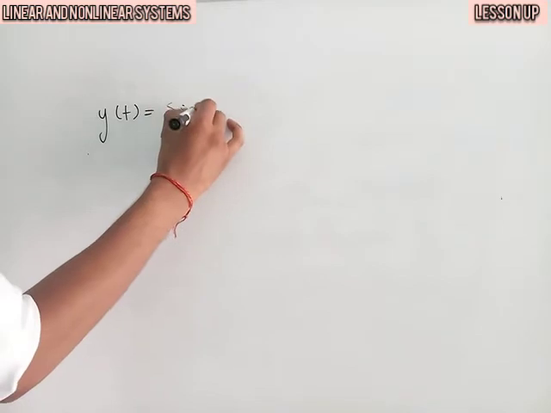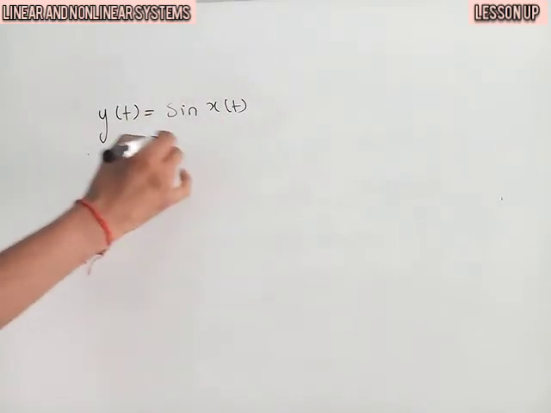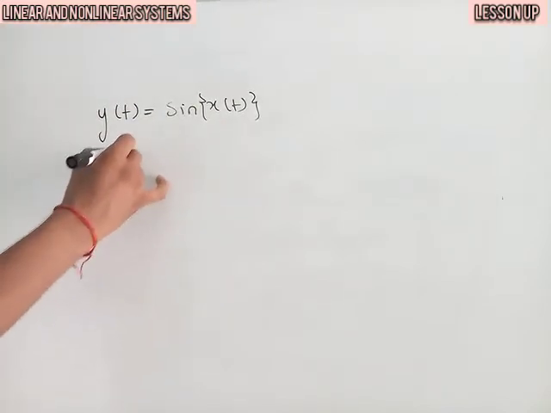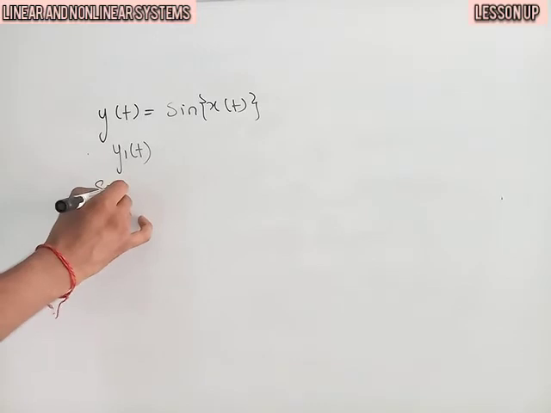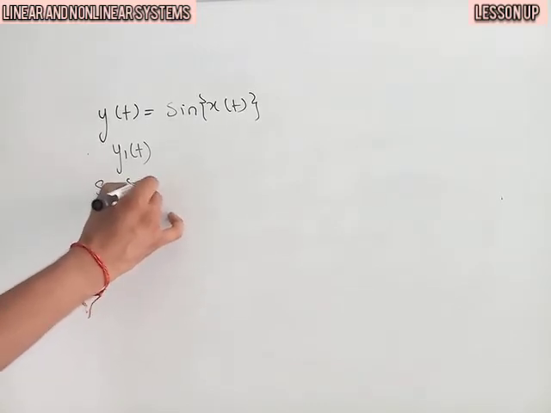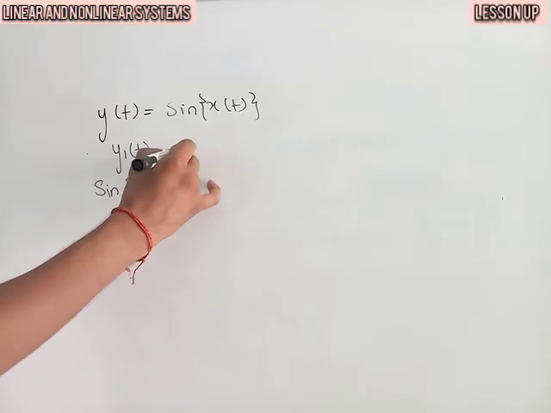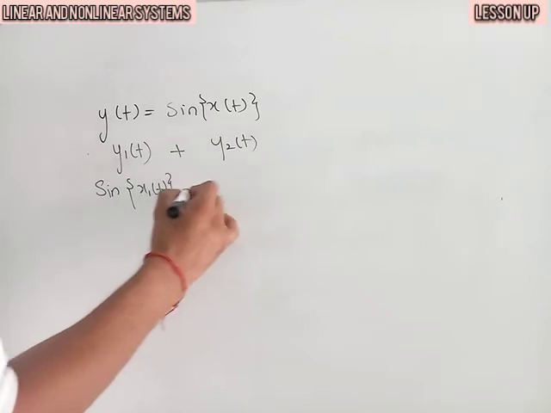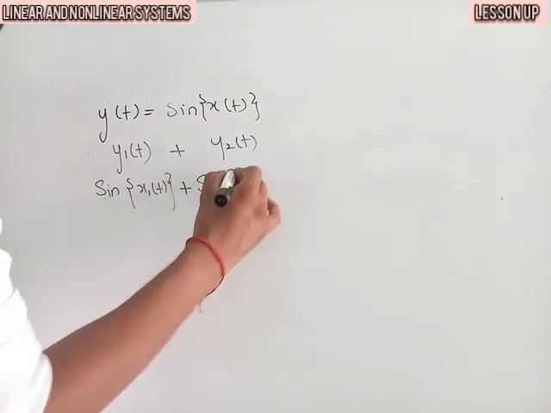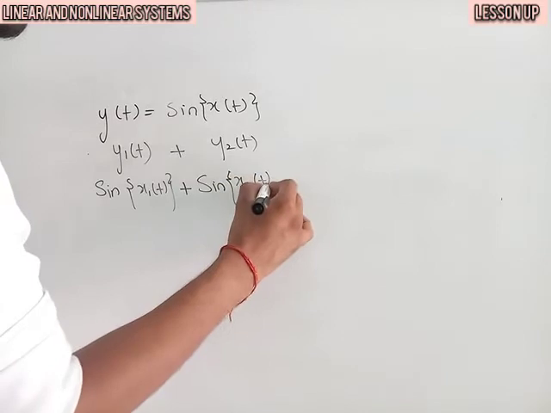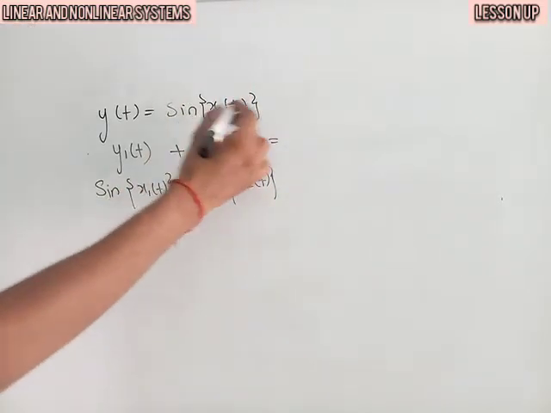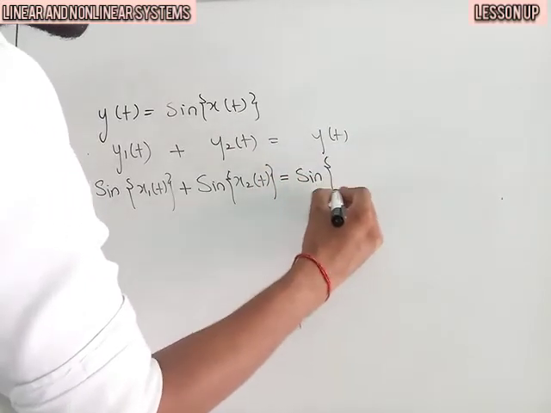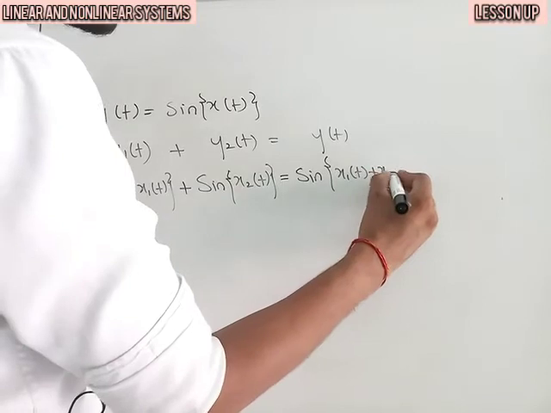y of t is sin x of t. Okay. So, if we put input x1 of t, we will get y1 of t, which is equal to sin of x1 of t. Plus, if we give input x2 of t, we will get y2 of t, which is equal to sin x2 of t. If we give both the inputs x1 of t plus x2 of t, we will get output y of t, which should be equal to sin of x1 of t plus x2 of t.